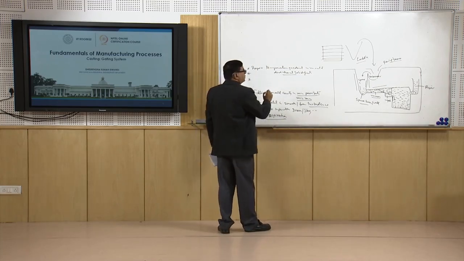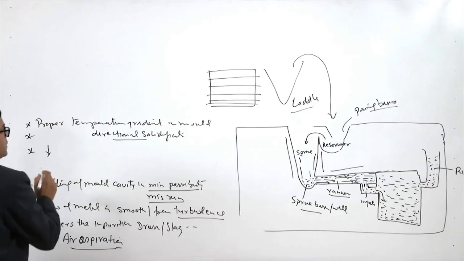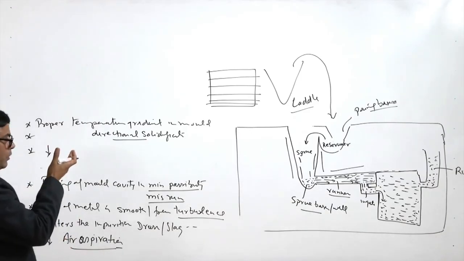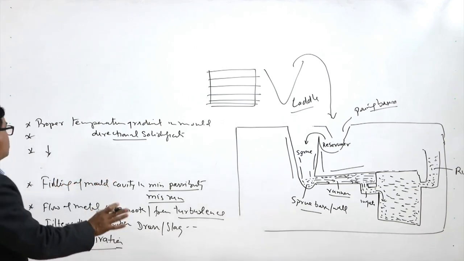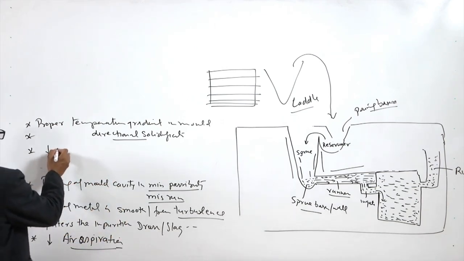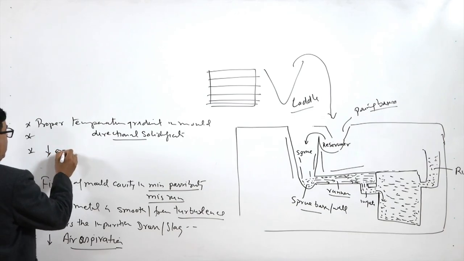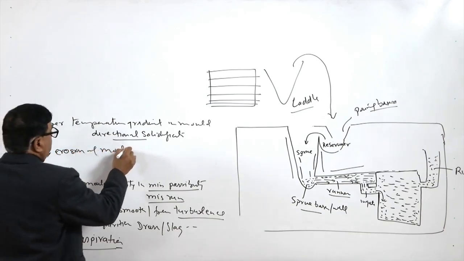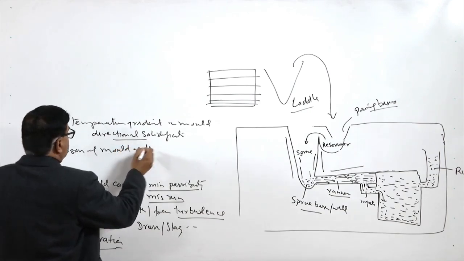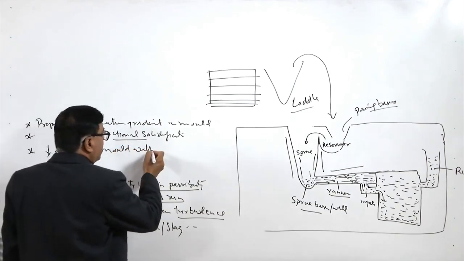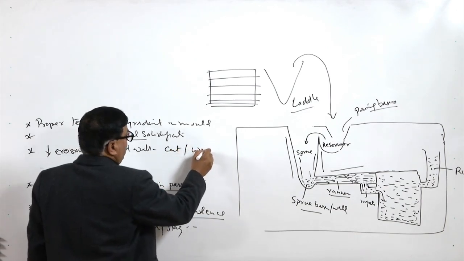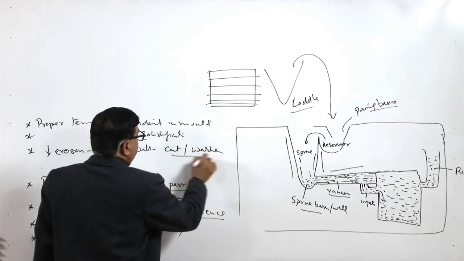The design of the gating system should be such that the flow of the molten metal is as smooth as possible, so that it reduces the erosion of the mold walls. Otherwise, if it erodes, it leads to defects like cuts and washes in the casting.